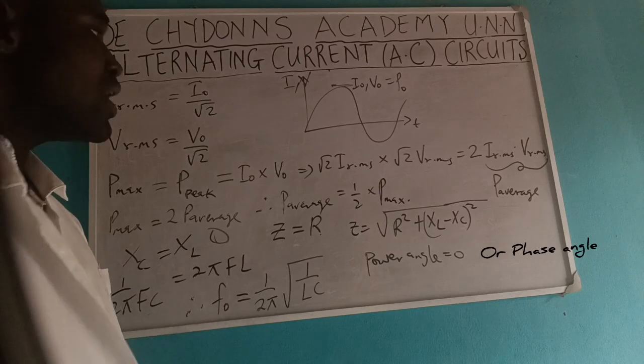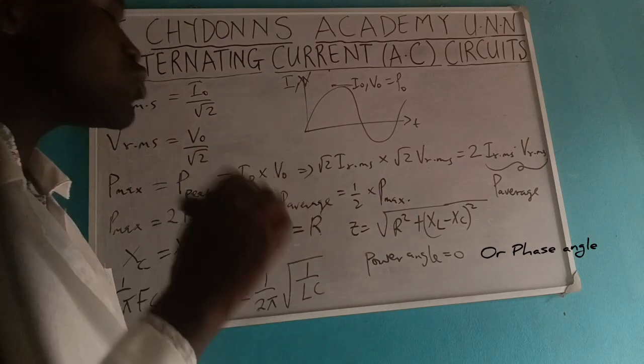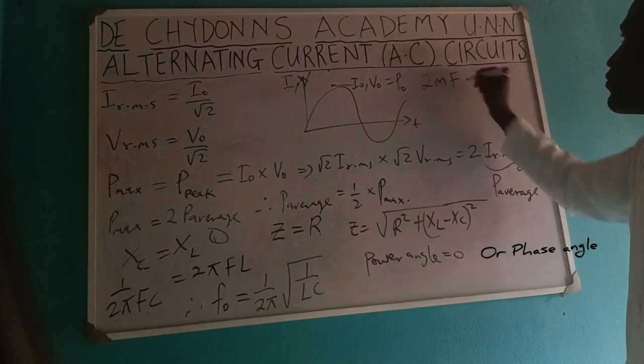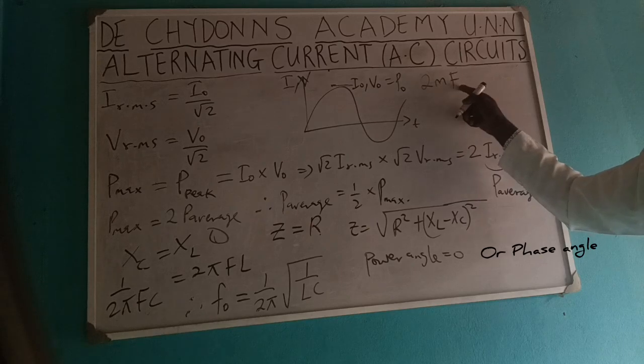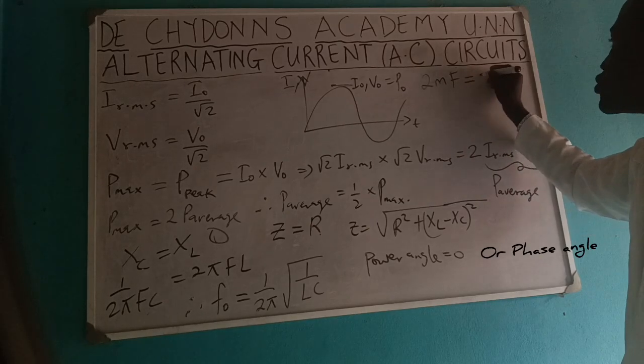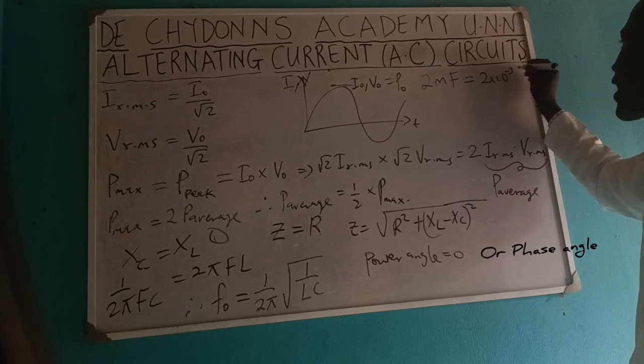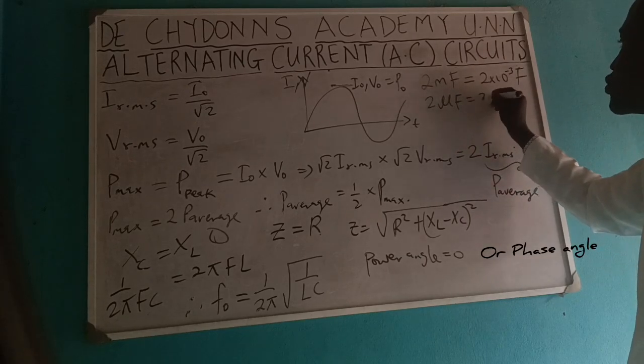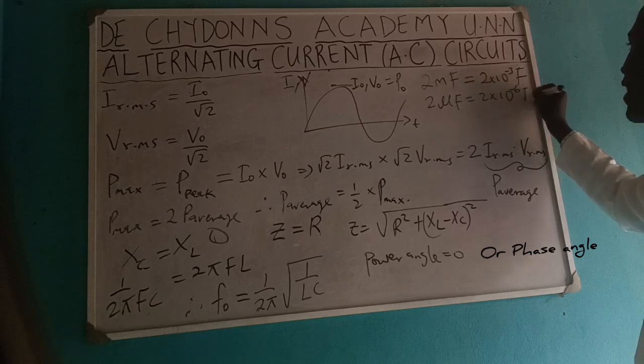Very important. And also, there is need for you to note that if you are given something like 2 mF, 2 millifarad, it means 2 times 10 raised to power minus 3 farad. If you are given 2 microfarad, it means 2 times 10 raised to power minus 6 farad.